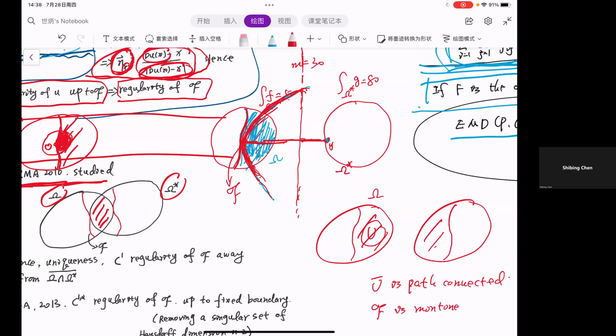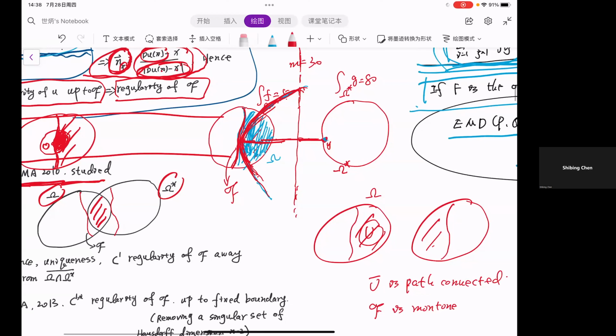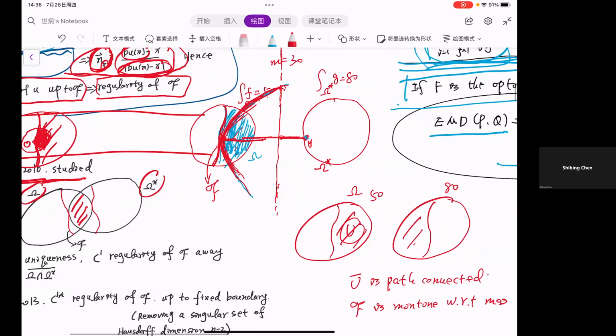You see, if here is mass 50, and here is mass 30. When m equals 30, this is the free boundary. But when you transport mass m equal to 31, will this happen? A natural question is whether the new free boundary is like this. They proved that this will not happen. The free boundary is monotone with respect to mass.